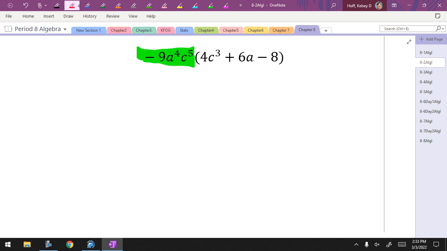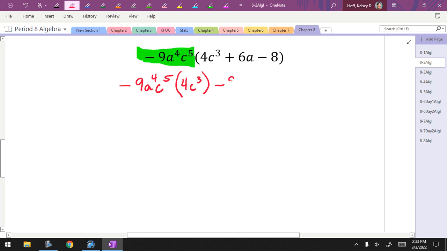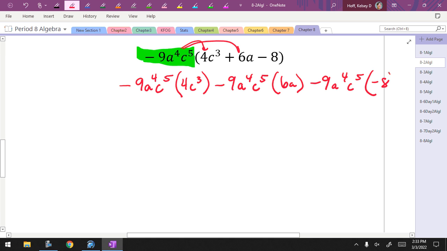So I'm going to take negative 9a to the 4th c to the 5th times 4c cubed. Negative 9a to the 4th c to the 5th times 6a. Negative 9a to the 4th c to the 5th times negative 8. You can tell me when I multiply those first two together what I get.